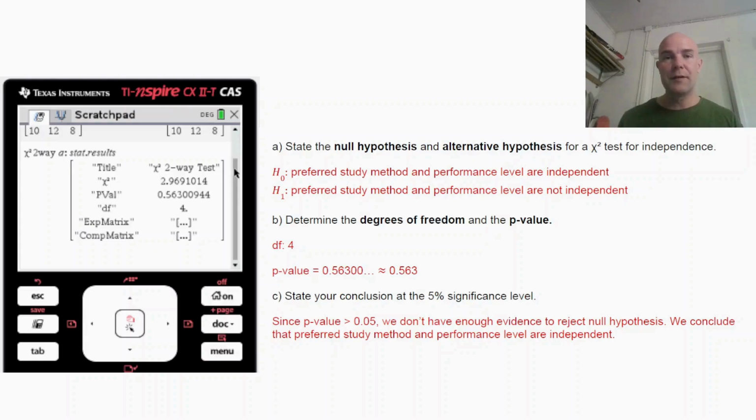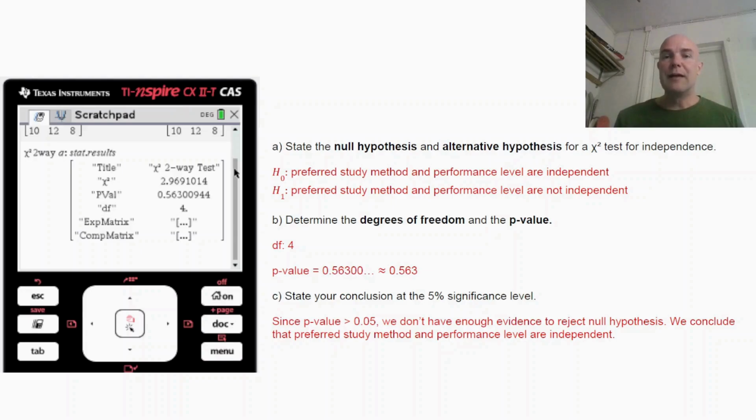And then degrees of freedom is 4. Like I said, we can find that from the calculator. P-value, rounded to 3 significant figures, is here. And then we do our conclusion. We compare our p-value to the level of significance. This is true for all hypothesis tests. This is how you do it.